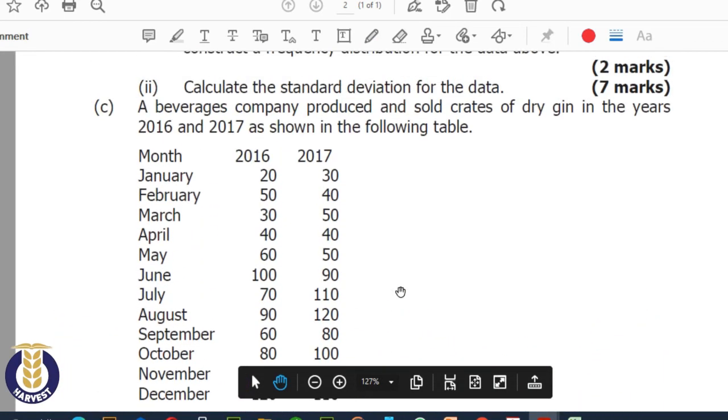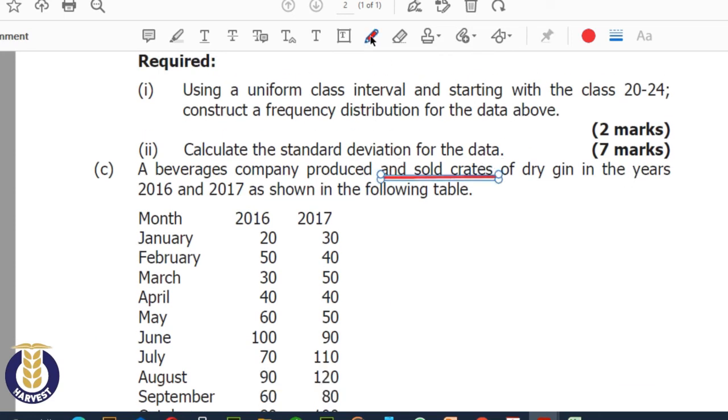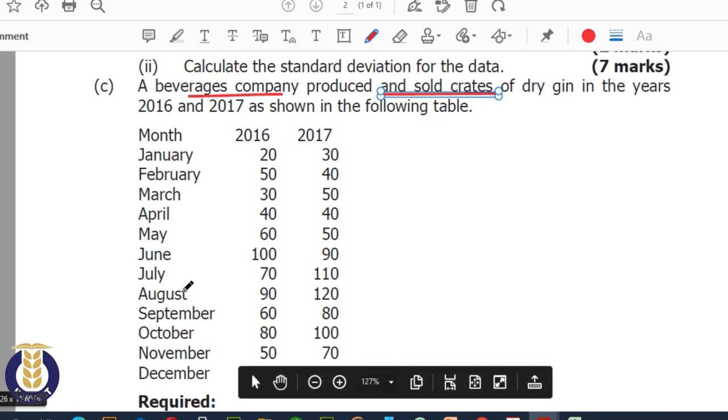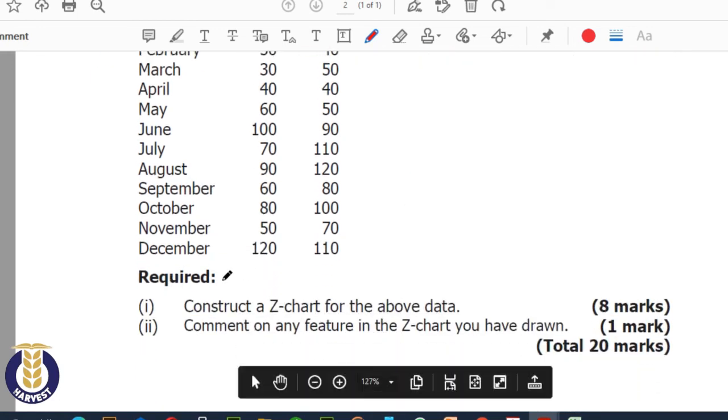In this question, we were given the sales in crates for a beverages company, and the figures given are monthly for the year 2016 and 2017. We were required to construct the Z chart for the above data and to comment on any feature in the Z chart we have drawn.